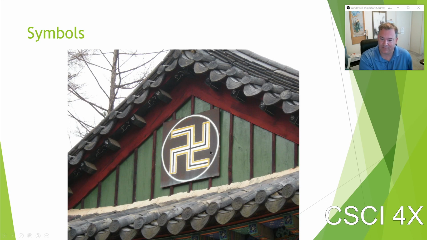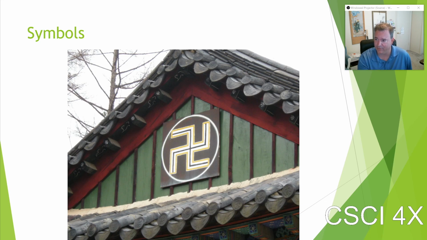So you'll see that on a lot of Buddhist temples, and a lot of tourists are like, oh, I don't know if you should have that up. It is what it is. I watched a TV show about a year ago where they walked around and asked Japanese people what connotation the swastika had in Europe, and most of them didn't know.